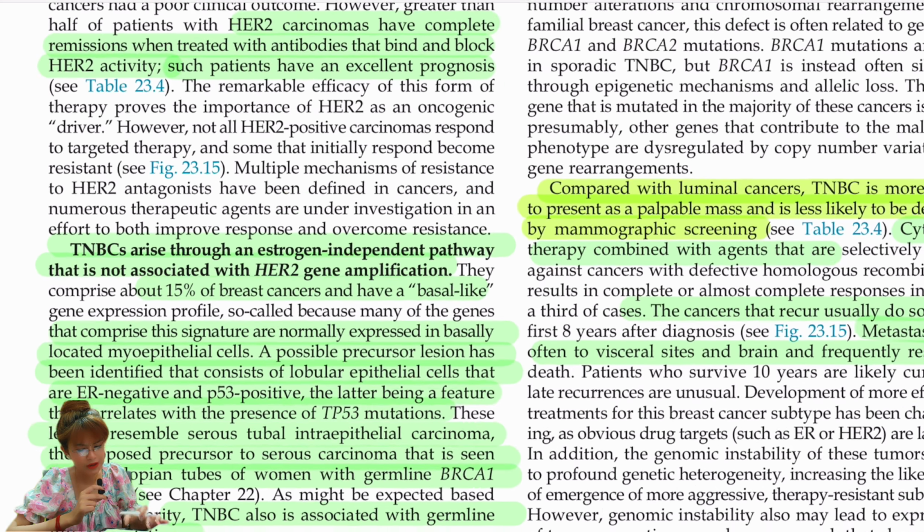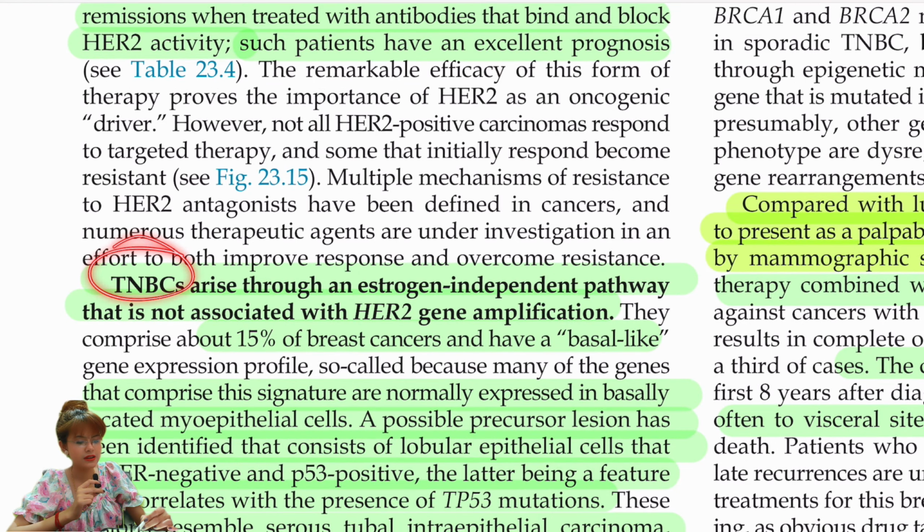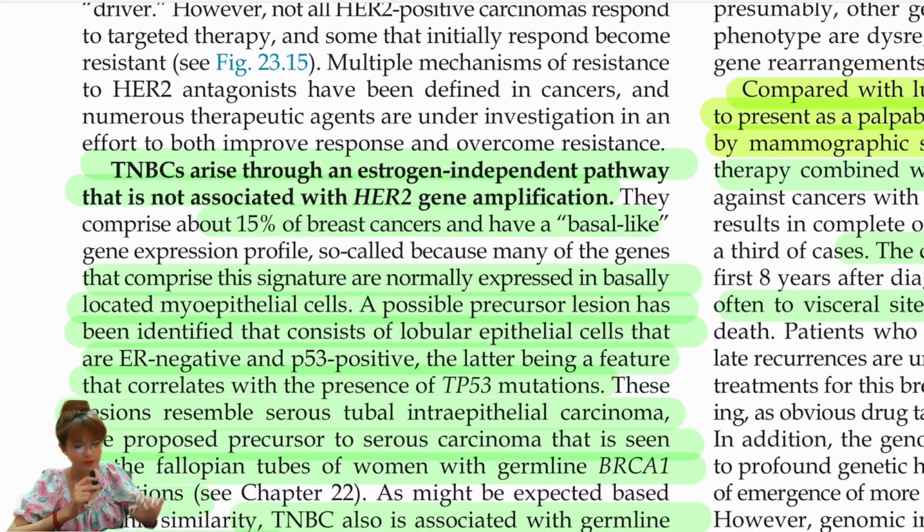This point is again important, that TNBC arises through an estrogen independent pathway that is not associated with HER2 gene amplification. So this particular cancer is not estrogen dependent. Luminal cancers are estrogen dependent, but TNBC cancers are not estrogen dependent, okay?